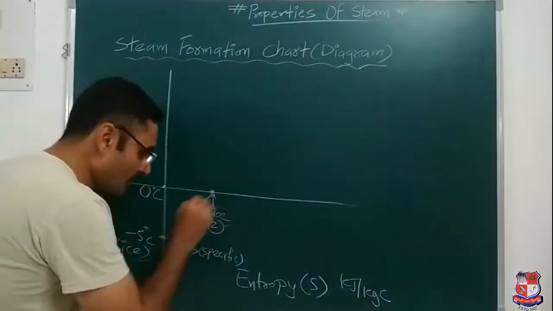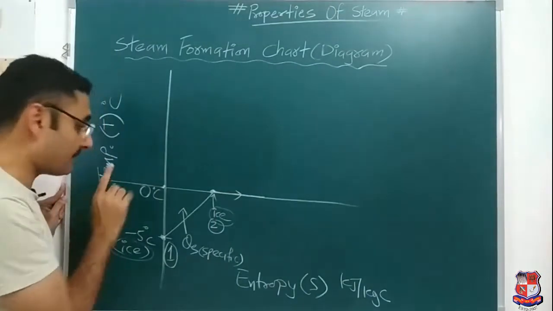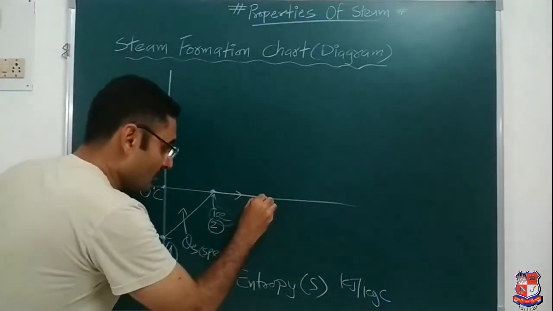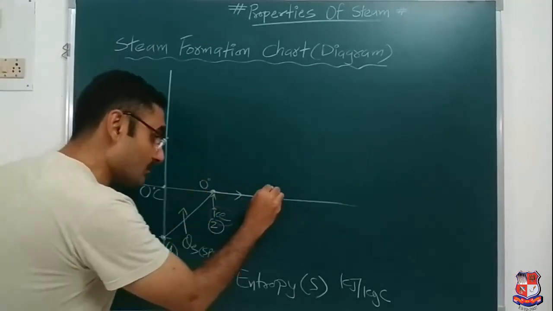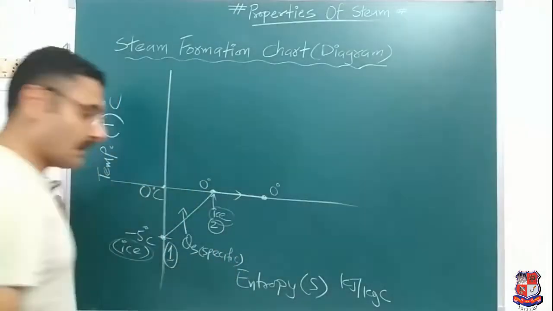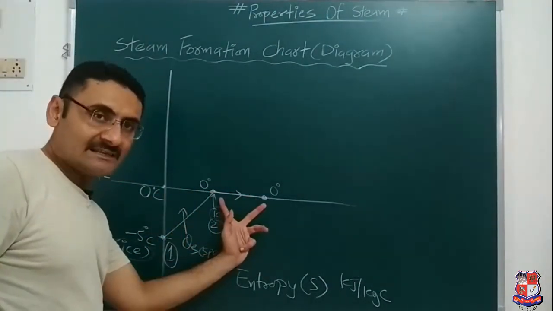After that, I will supply more heat. Its entropy is increasing, but the temperature remains constant, so over here also it is 0 degree centigrade. Now as I told you, at 0 degree centigrade two chances are there.